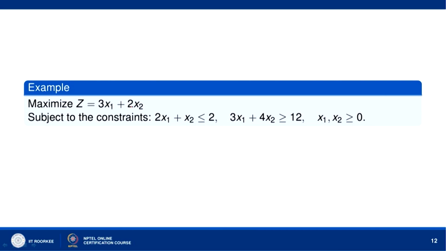it will remain as such. x1, x2 are greater than or equal to 0, 2x1 plus x2 is less than or equal to 2. So, this constraint is of less than or equal to type.